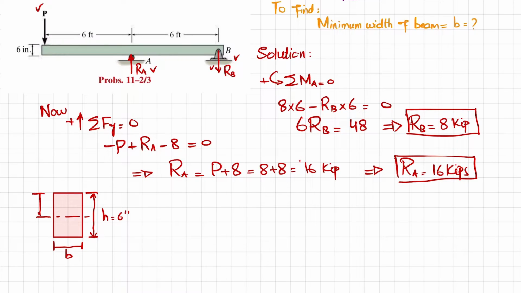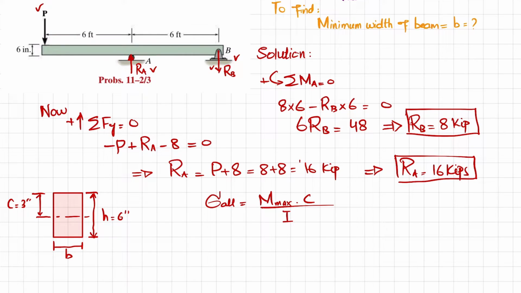So this distance will be equal to c, and that will be equal to 3 inches because h by 2 is c. Now we know that the allowable stress is equal to the maximum bending moment times c divided by I.